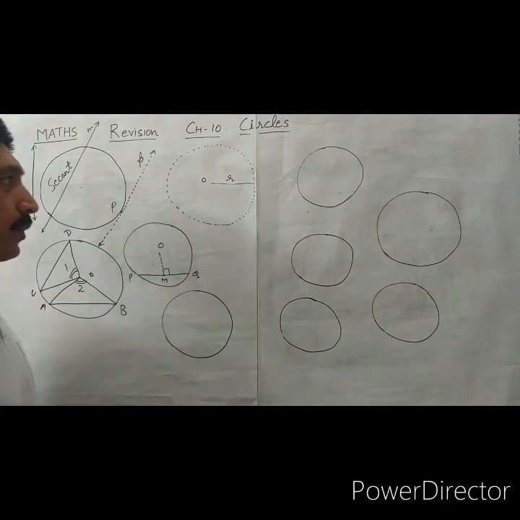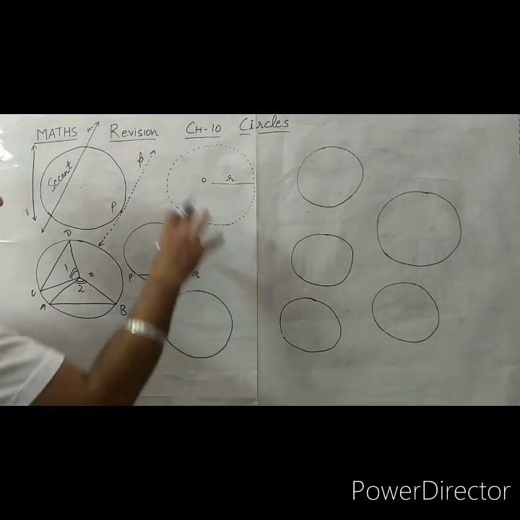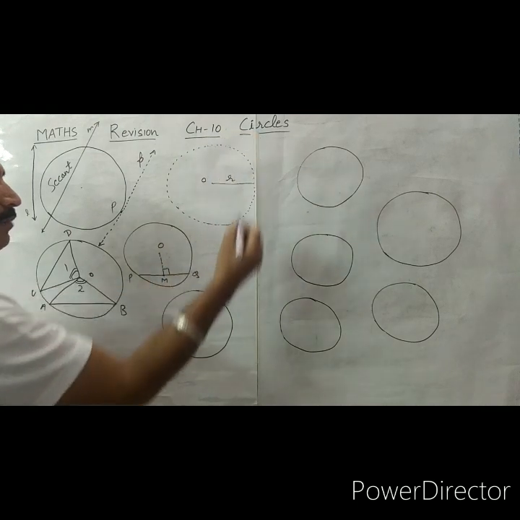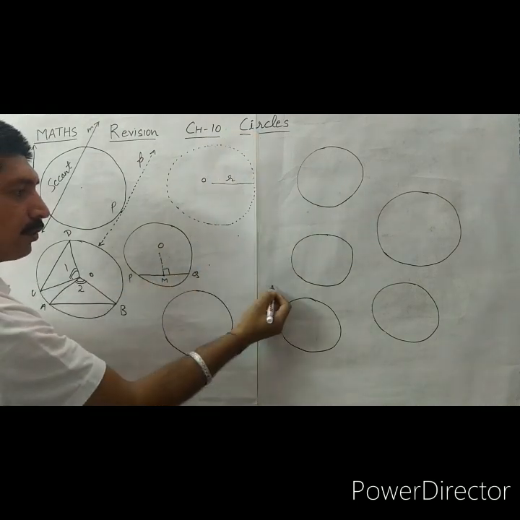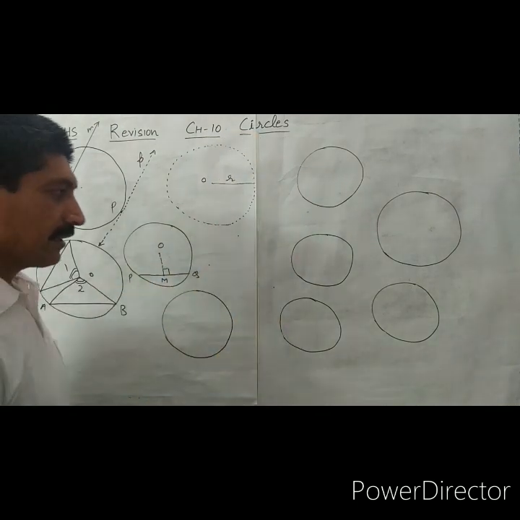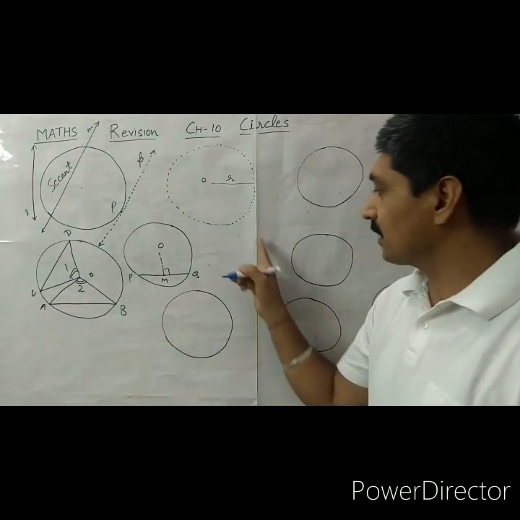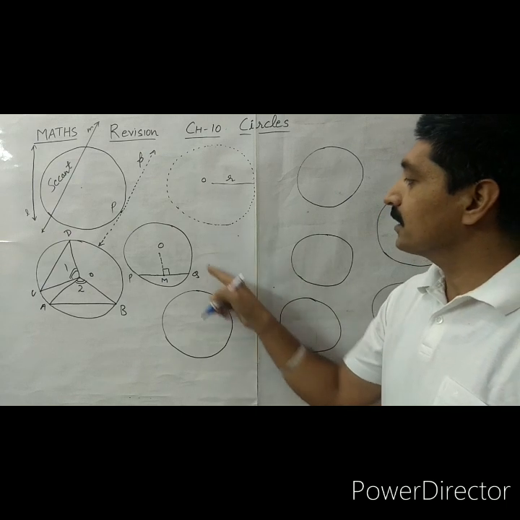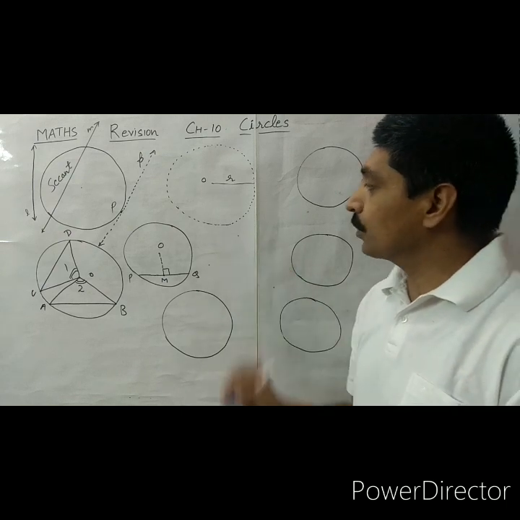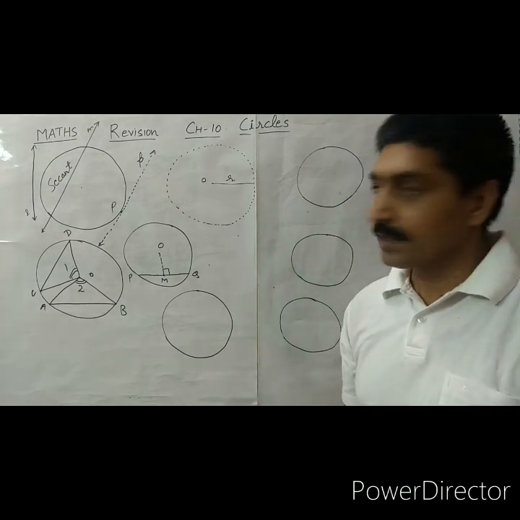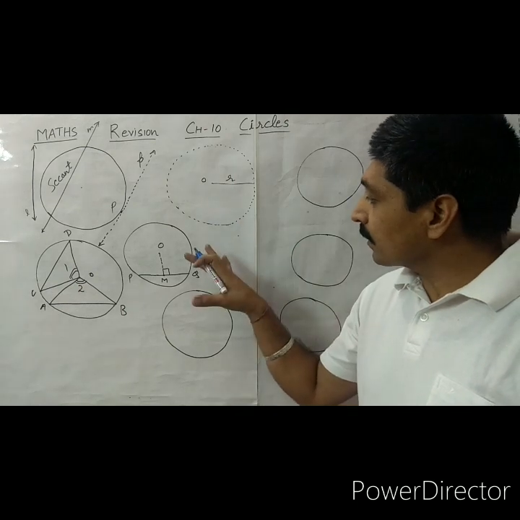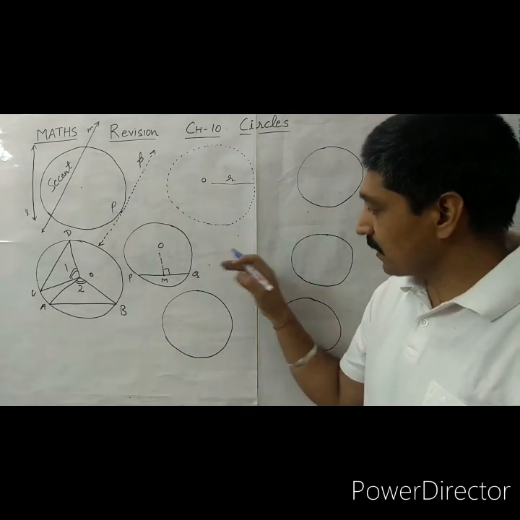We have also proved that if we have three non-collinear points, there will be one and only one circle which can pass through these three non-collinear points. So how to construct the circle?